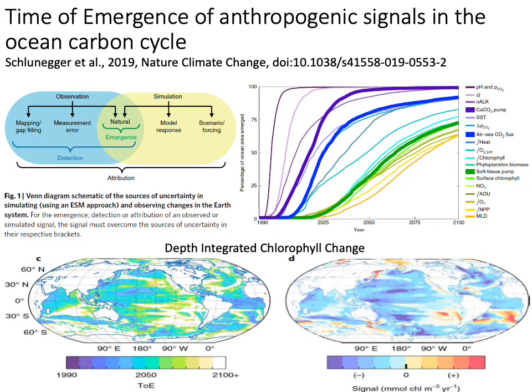On the right-hand panel, you see that the signal in some of these regions is also highly correlated to the time of emergence, that earlier signals become very strong by the end of the century.